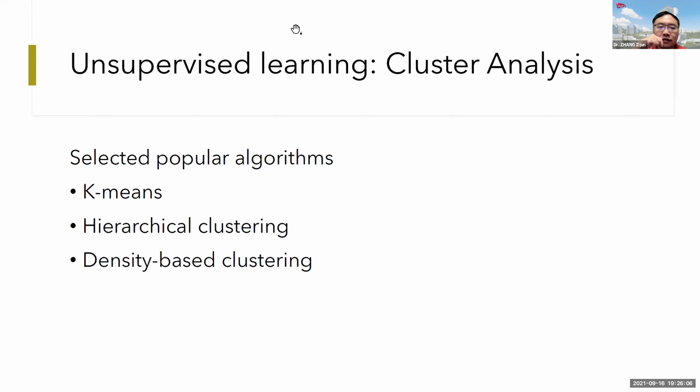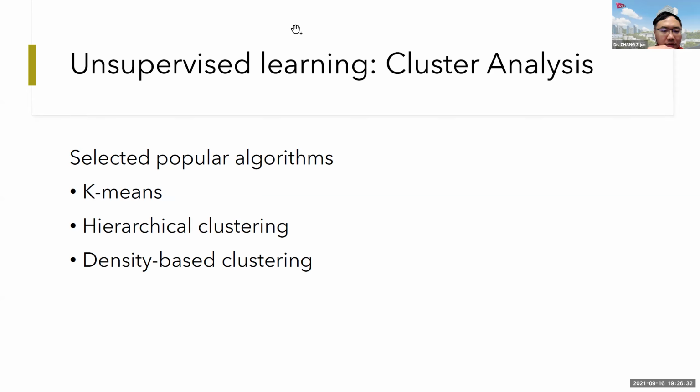The first family of unsupervised learning methods, I would say, are clustering algorithms. They are basically utilized to do cluster analysis. We are going to talk about three selected, very popular, simple, but very powerful, very generalizable algorithms. They serve different purposes, and we will talk about it later.